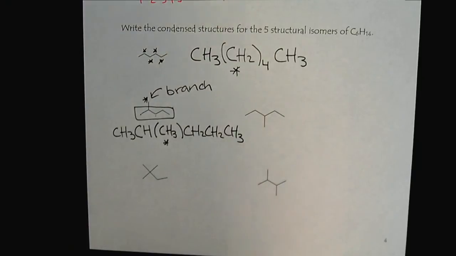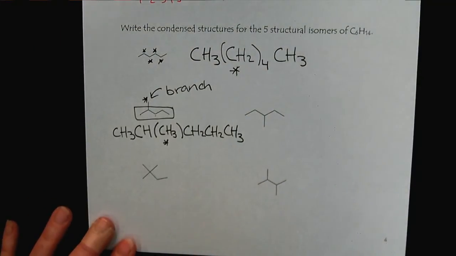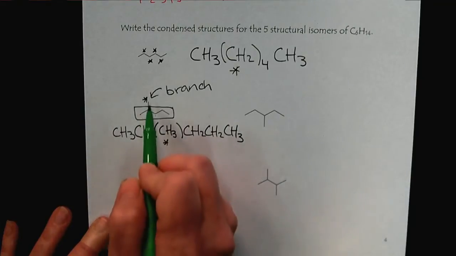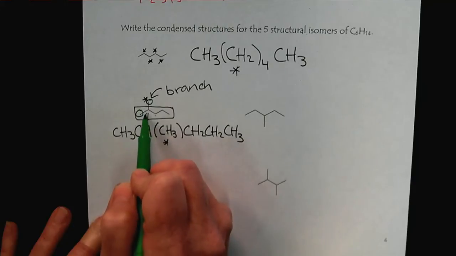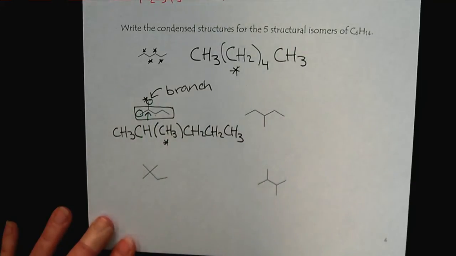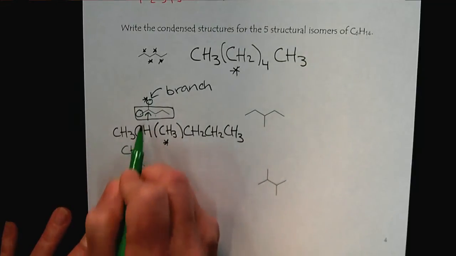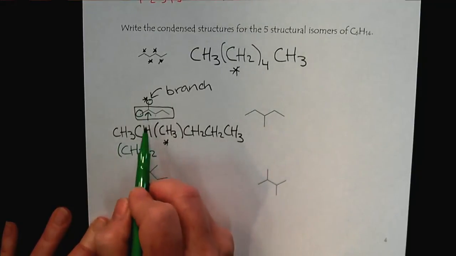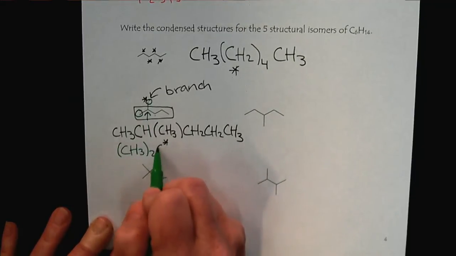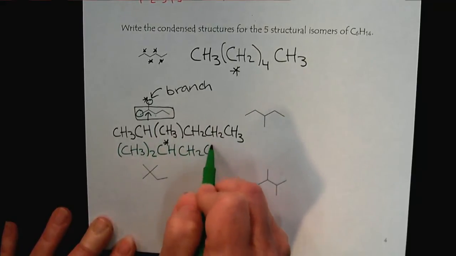With this molecule, though, it is common to see the condensed formula written slightly differently. We could consider both of these carbons a branch on this carbon right here. So an alternative way to write the condensed formula for this compound would be to put the 2 CH3 groups at the beginning, and then we would get to the carbon with our arrow, CH, and then we would continue as we did before.